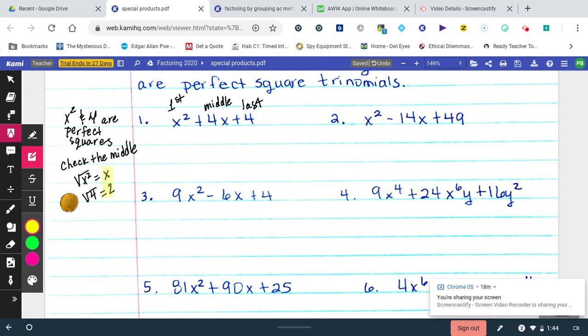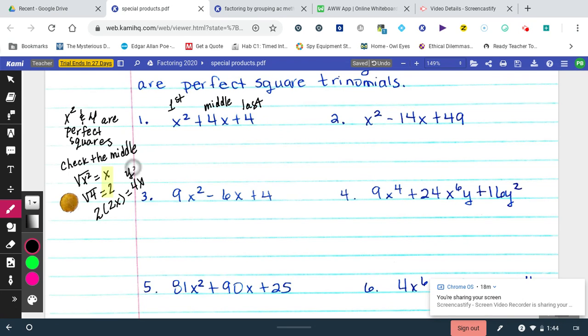That product is 2x. So basically, you're looking to see if 2 times 2x is 4x. And that's a yes. So the first term checks out, the last term checks out, the middle term checks out. And yes, this would be a perfect square trinomial. So you're just checking each one.